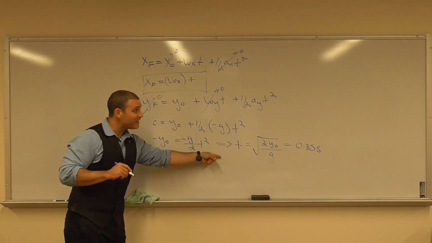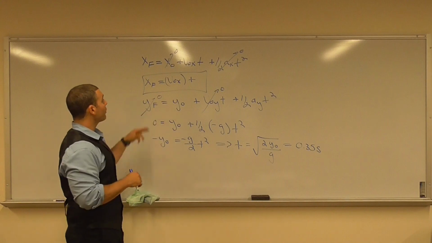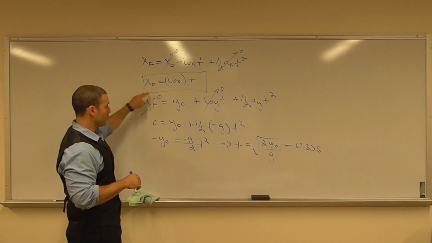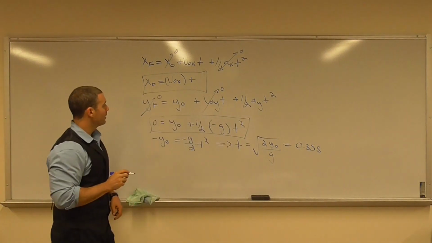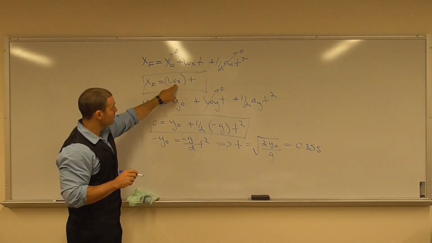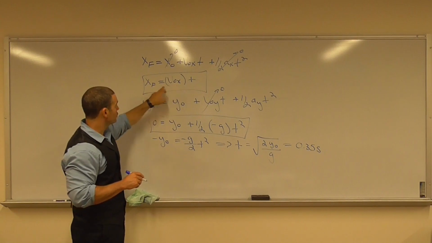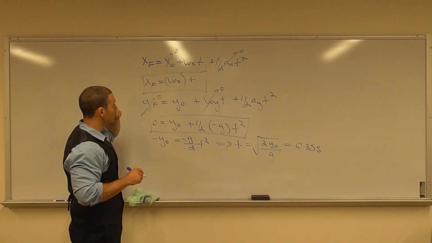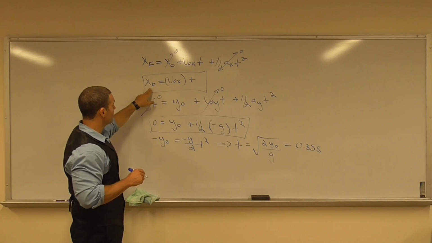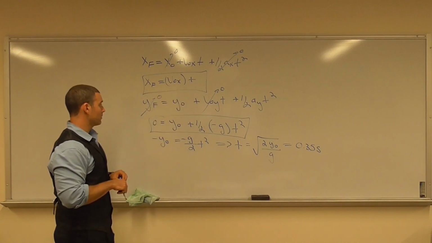So I've actually found the time. And all that's left now is to plug that back in. Now, what I could have done before is I could have counted variables. Note that at this point, when I box that equation out, well, I know this. That's 8.5 meters per second. So I want this. I have two unknowns here.